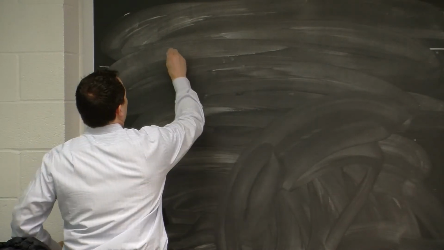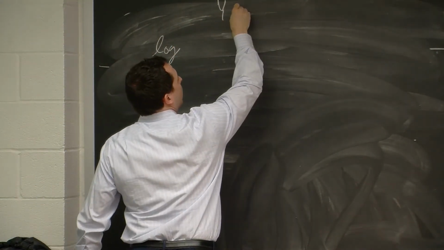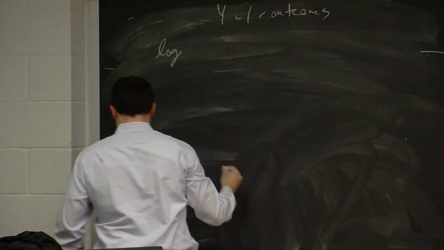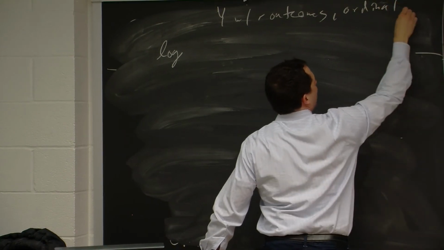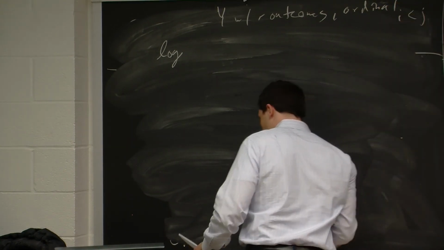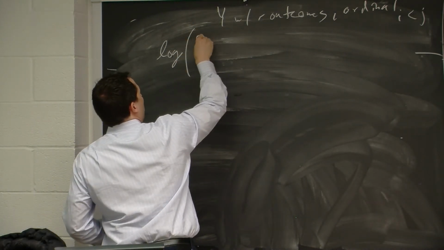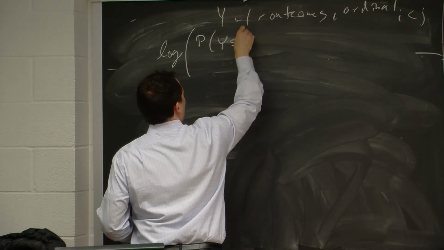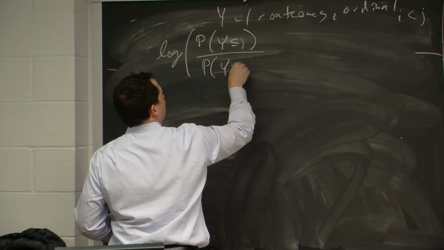The idea here is that I have some y with r outcomes, and they're ordinal, so I can compare outcomes. Then I can take the log of the probability that y is at most j divided by the probability that y is greater than j.